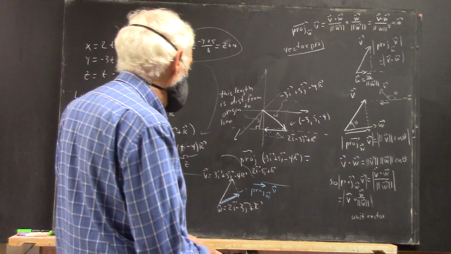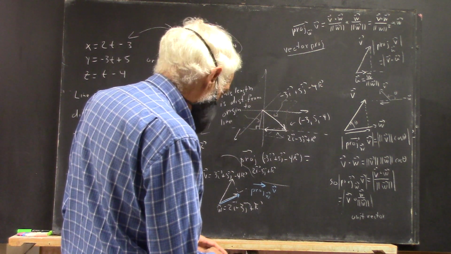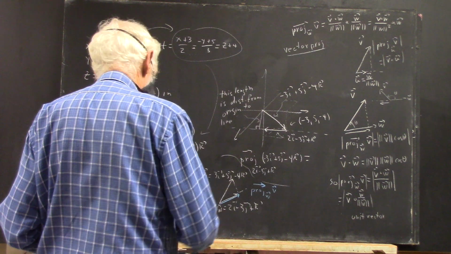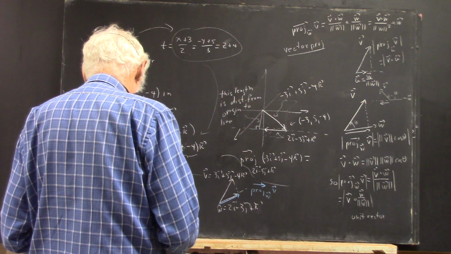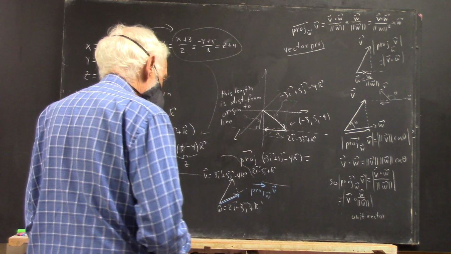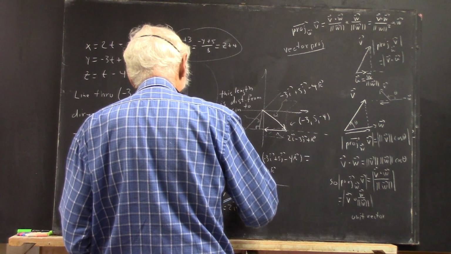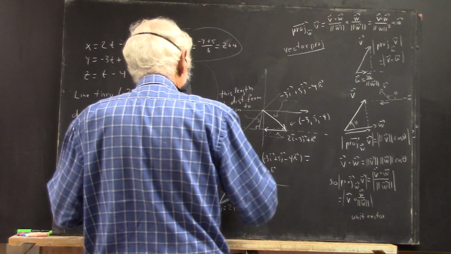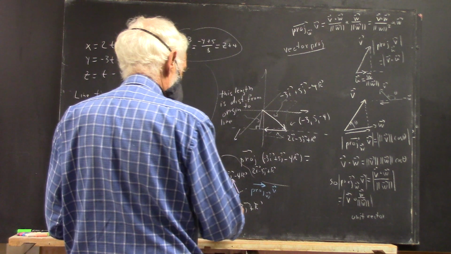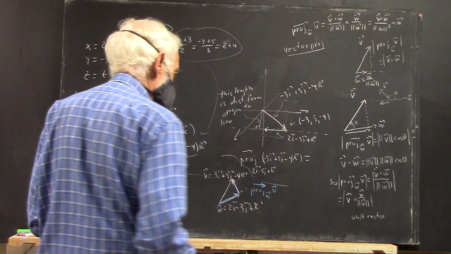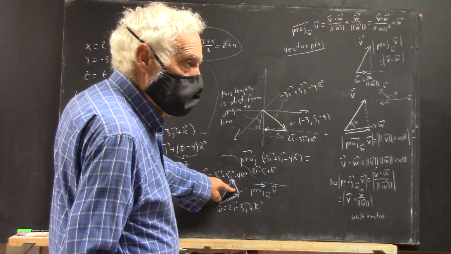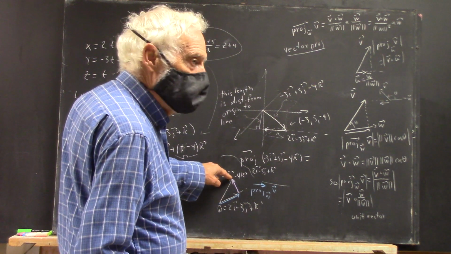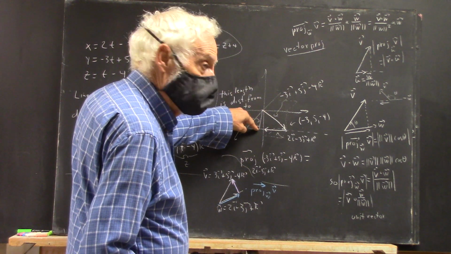Now, there's another vector involved in this triangle, which is maybe this one. I mean, it is this one, maybe I'm going to call it purple. It's the length of this vector that's the distance from the origin to here.